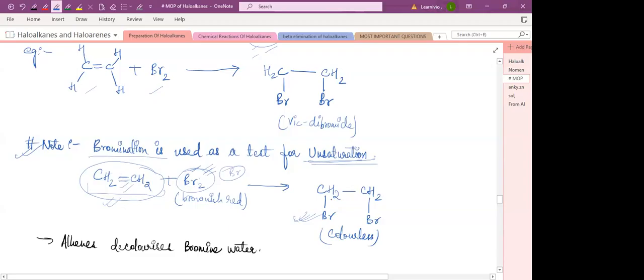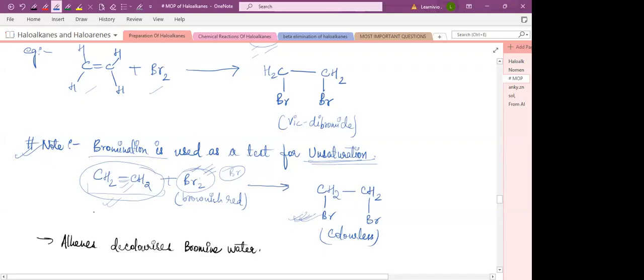This bond will break down, as you can see over here, and each carbon makes a new single bond with a bromine atom. This process consumes the bromine. That's why the brownish red color disappears, and you will get a colorless compound. So that's the test used for unsaturation.